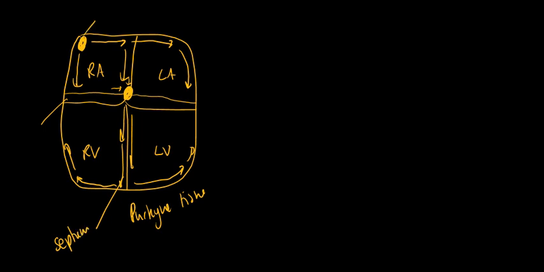This group of cells here is called the sinoatrial node, commonly referred to as the SAN, and this group of tissue is called the atrioventricular node, often referred to as the AVN.